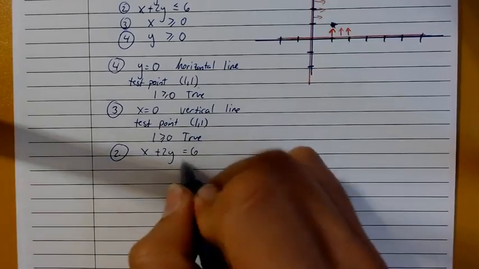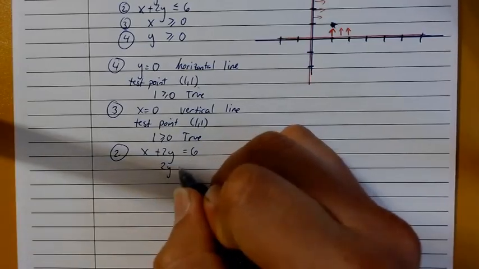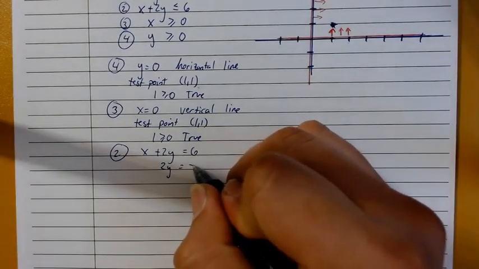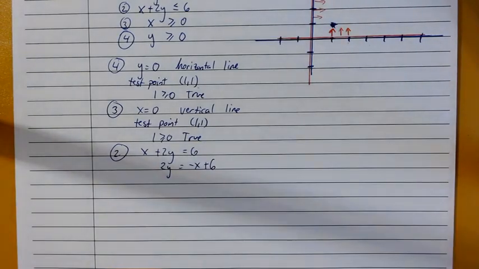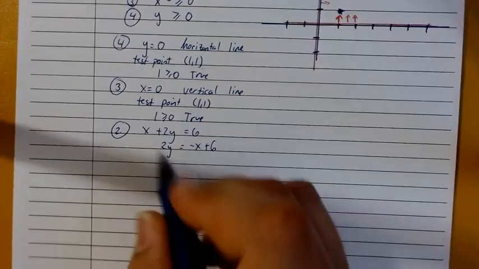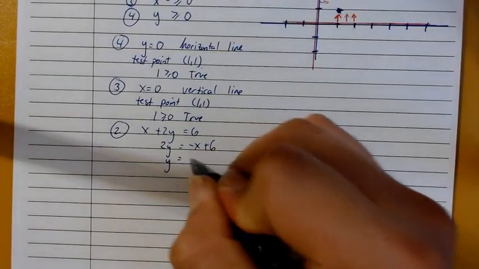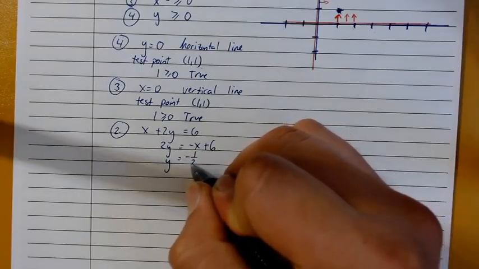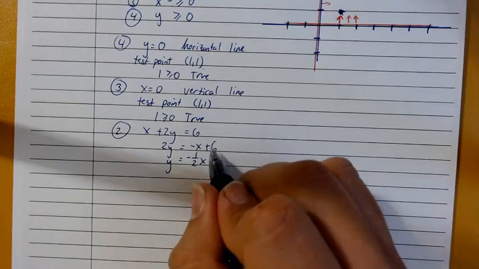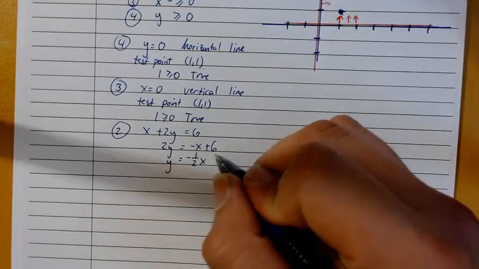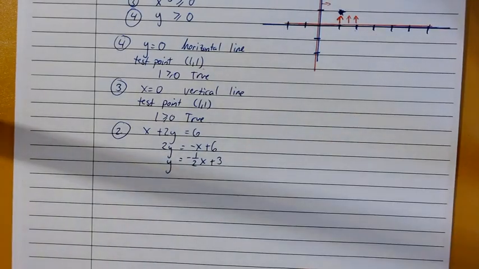Let me subtract x from both sides. That leaves me my 2y where it is. This x is now a minus x over here, and that's a positive 6. And now if I divide everything by 2, that gives me y equals negative 1/2 x, that's a negative 1 divided by 2, and then 6 divided by 2 will give me a positive 3.